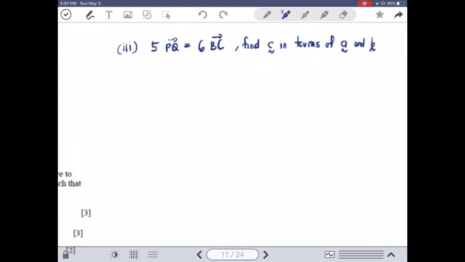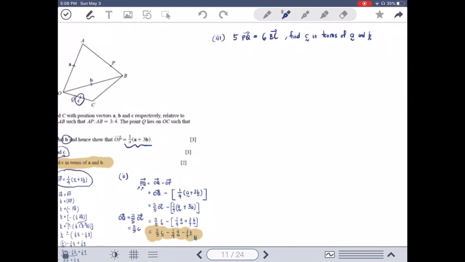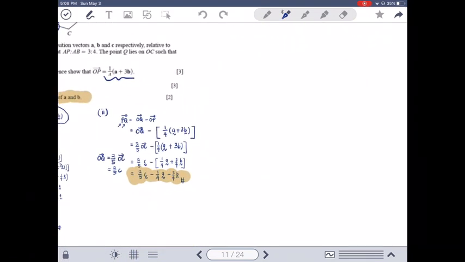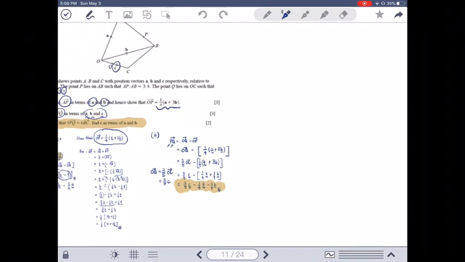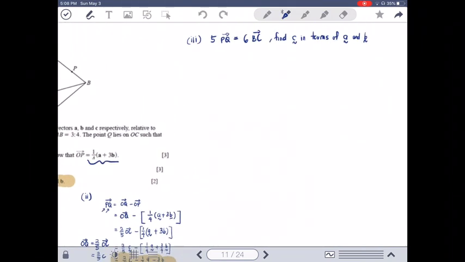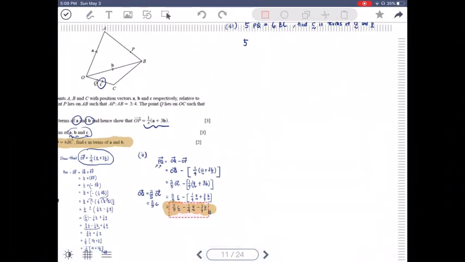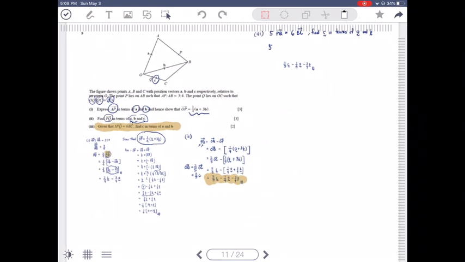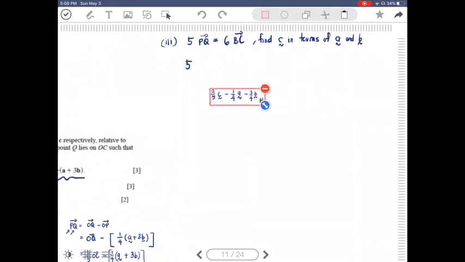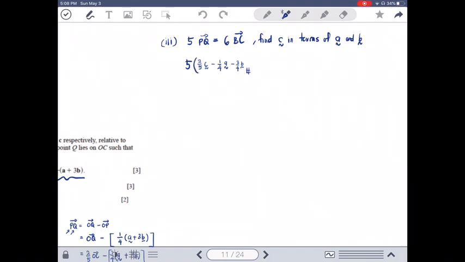Okay, so it goes back to the question 5PQ. Do we have PQ? Yes, we have PQ. It's slightly hard. 5 times vector PQ equals 6 times vector BC.